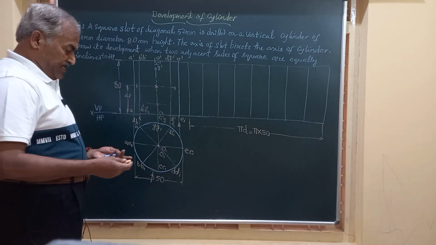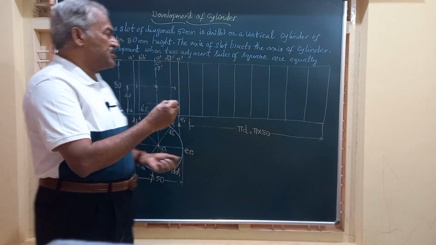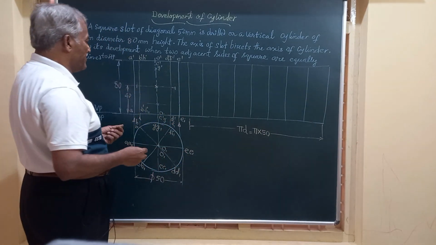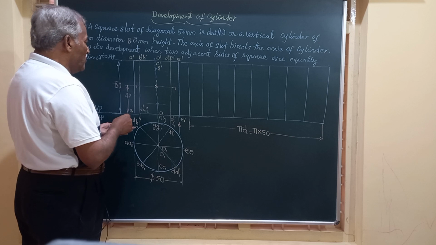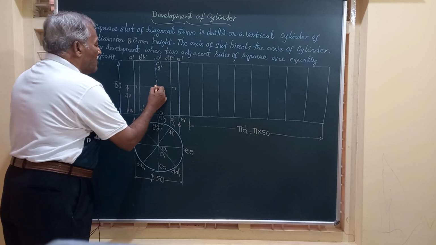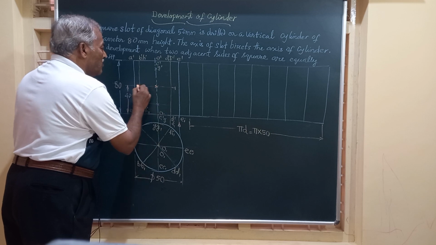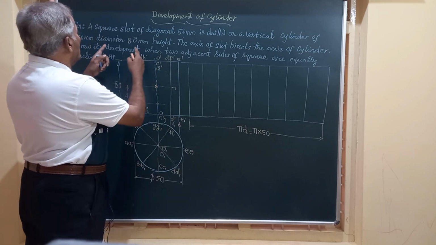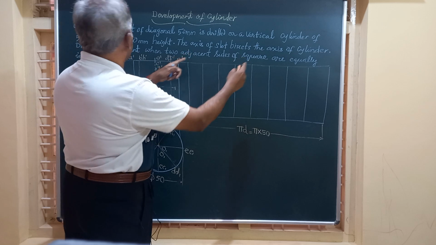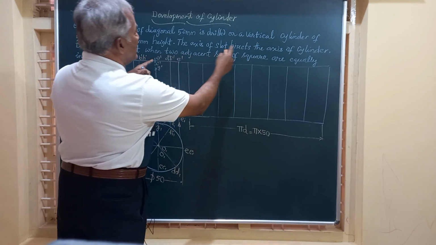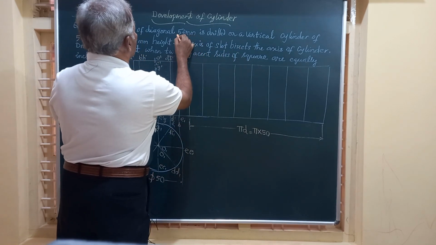Now friends, the square slot is drilled perpendicular to the plane of the board. So I am going to show this. I will take the center of the cylinder and mark these two lines at a distance of how much? The axis of the slot bisects the cylinder, and the slot is 50 mm.